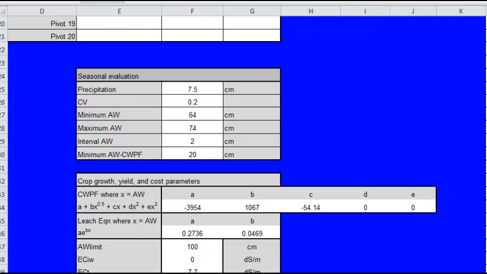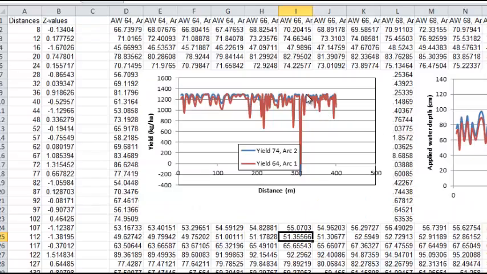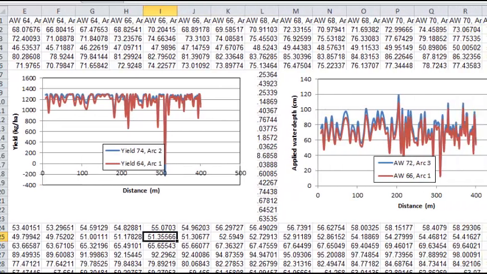So if we go over here to the yield output, you can see that the yield is not constant throughout the field. It depends on how much water is applied to that specific spot. And so what I did was I developed a random number generator and Monte Carlo simulation so that we can have an idea of the yield at each part of the field.